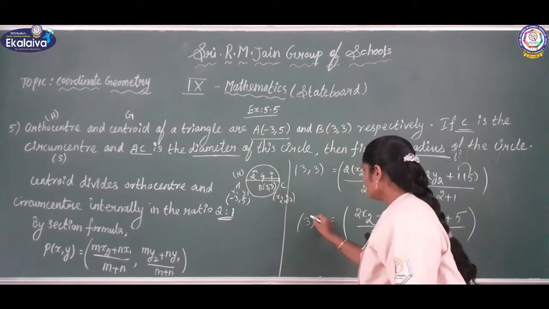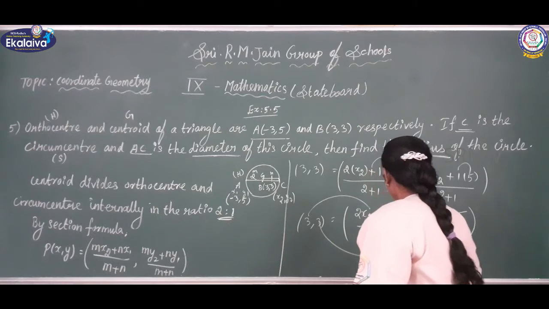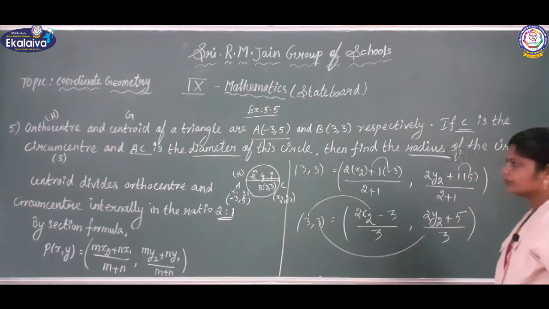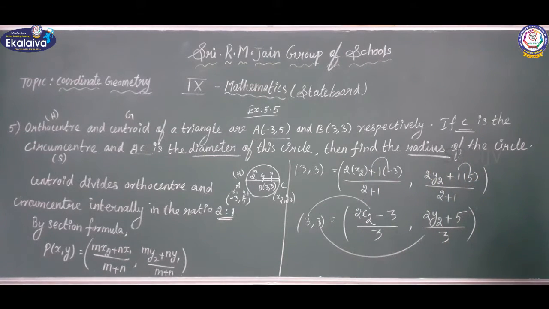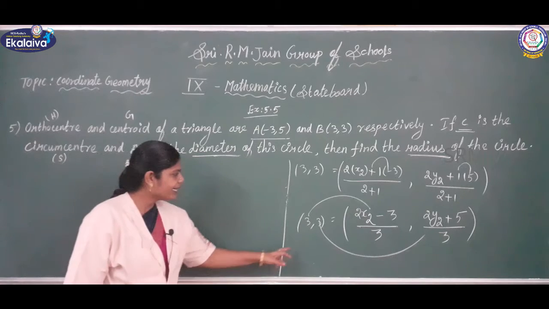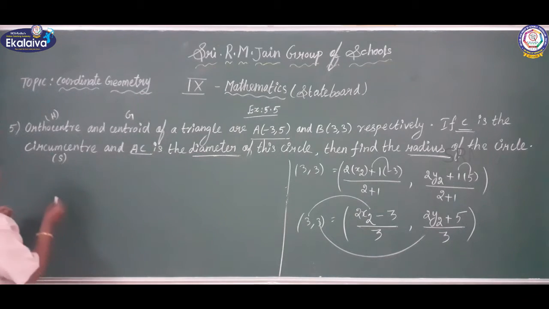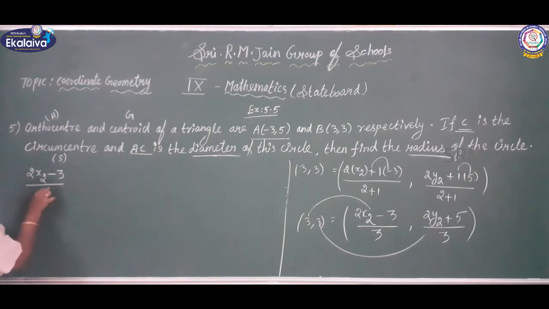Now you equate the coordinates, x with x and y with y. First take the x coordinates. 2x2 minus 3 divided by 3 equal to 3.